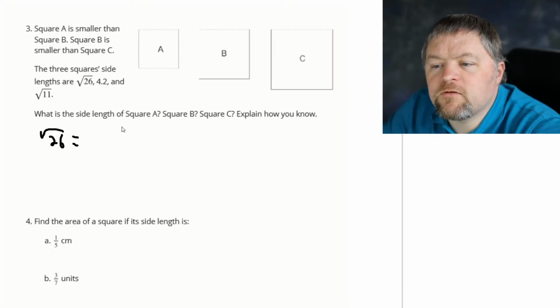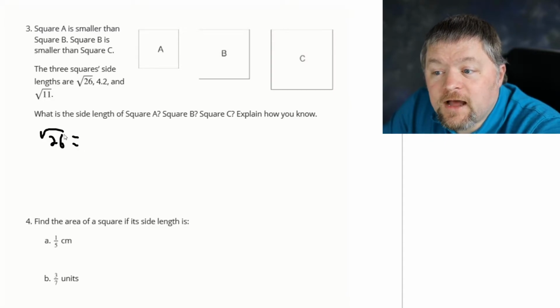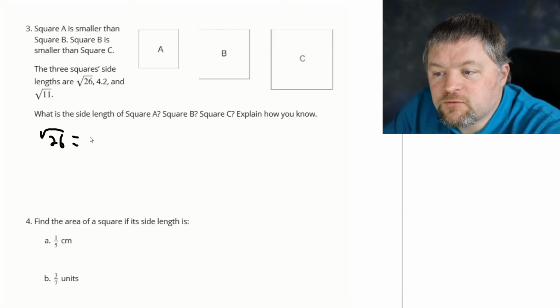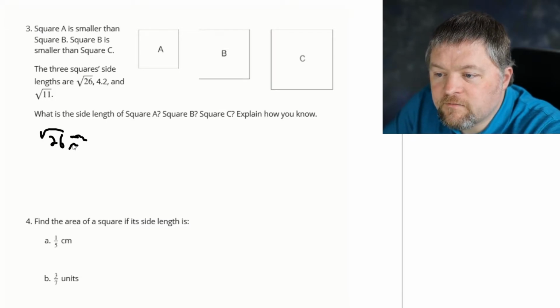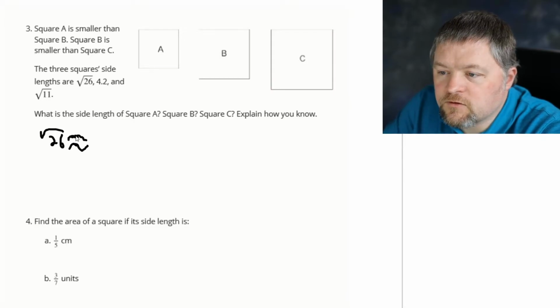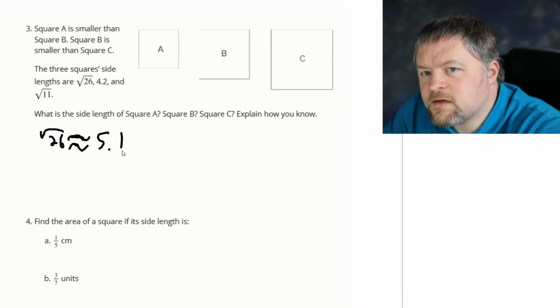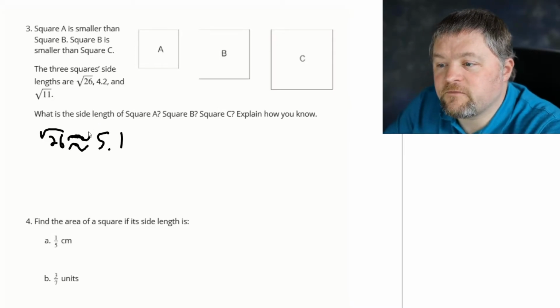The square root of 26, we don't know exactly, but the square root of 25 is 5. So the square root of 26 has to be approximately 5.1, something just a little bigger than 5.